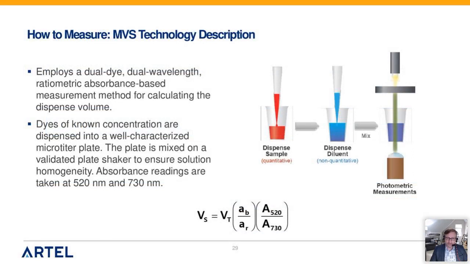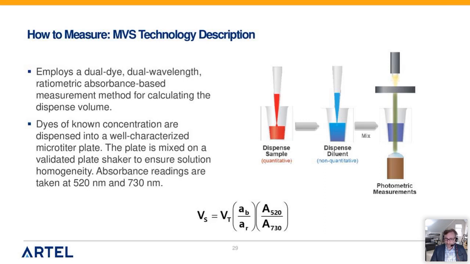I mentioned the Artel technology. It's seemingly simple, and technologically it is. It's a dual dye, dual wavelengths absorbance measurement system. And if we take a look at the graphic on the right-hand side, we see the red dye being dispensed, and that's really the quantitative part. And then we've got the diluent, and that's the blue material.